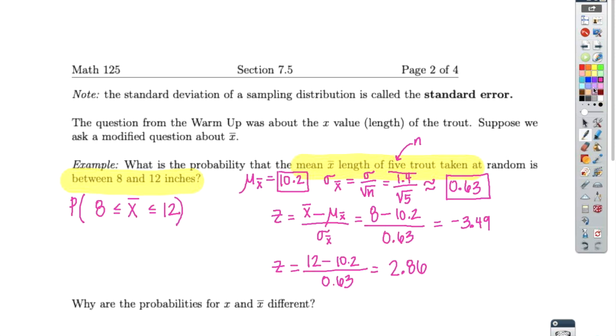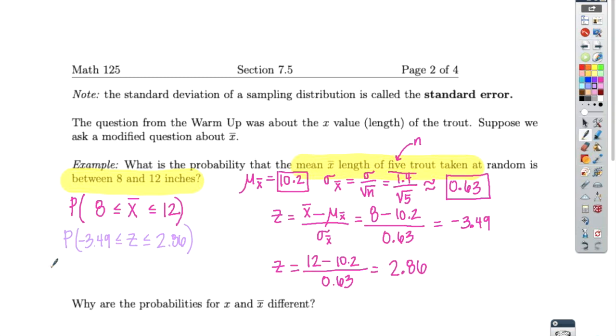Okay, so now these are my two z-scores. So converting this problem, this statement here, to the language of z now gives me negative 3.49 and 2.86. So the problem becomes, what is the probability that z is between negative 3.49 and 2.86?